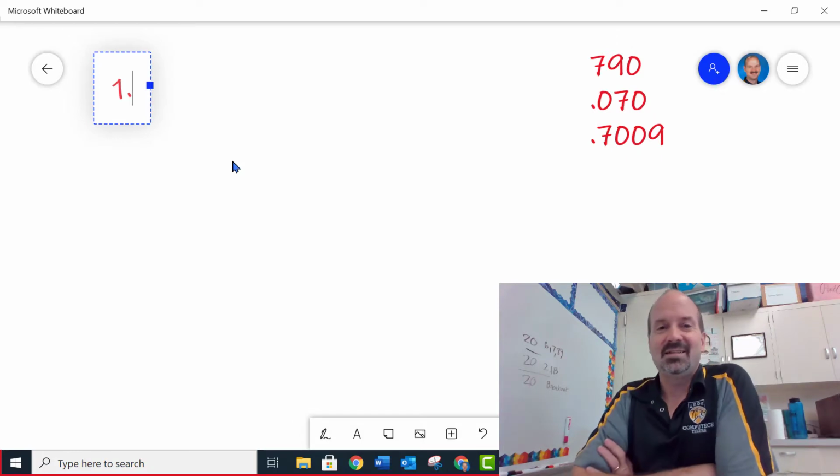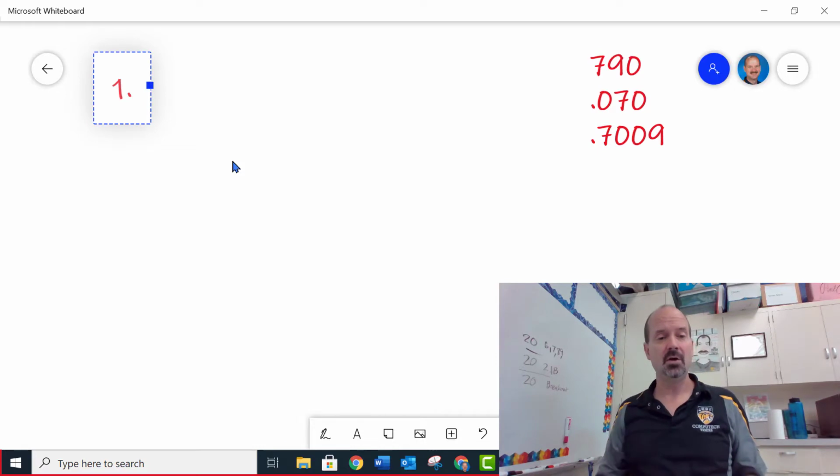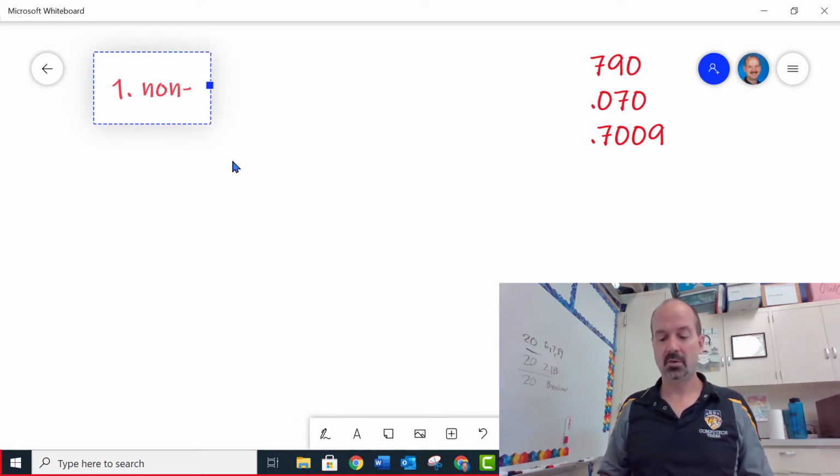Good morning. Let's just take a look at these three examples, 790, 0.070, and 0.7009, and let's take a look at which digits are significant. First of all, we learned that any non-zero numbers are significant.